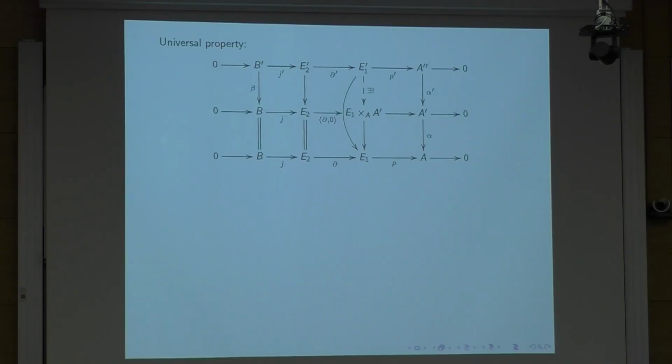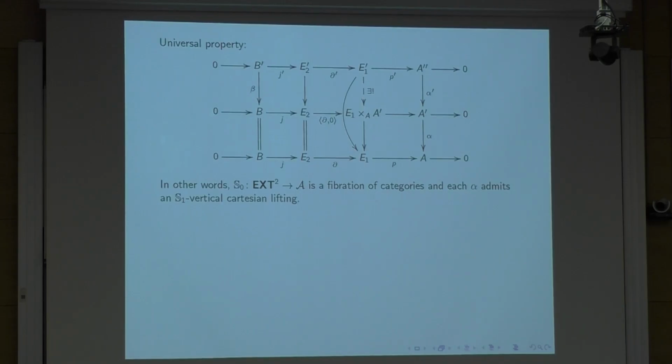So thanks to this universal property of the pullback, we can show that S0 is a fibration, and each alpha admits an S1 vertical, because you see that we have the same kernels. So the extension we find pulling back P along alpha has the same kernel as the one we start with.